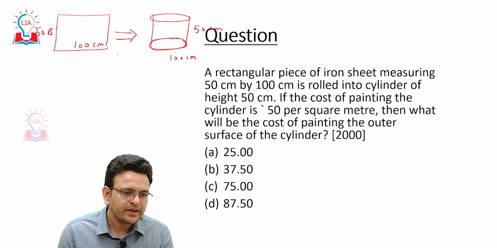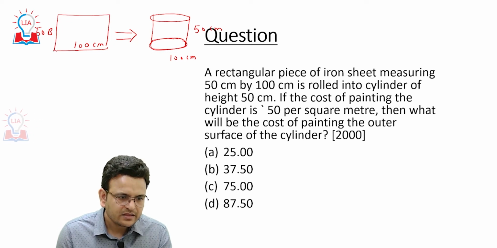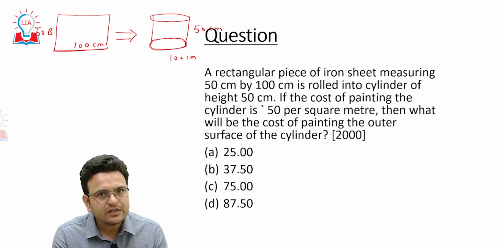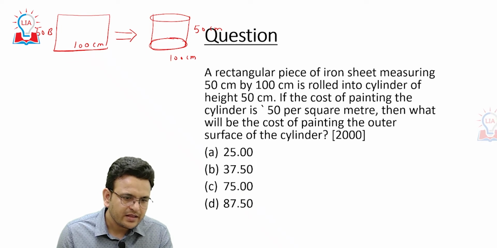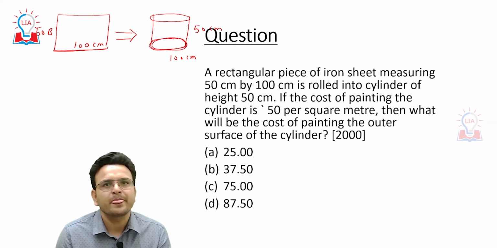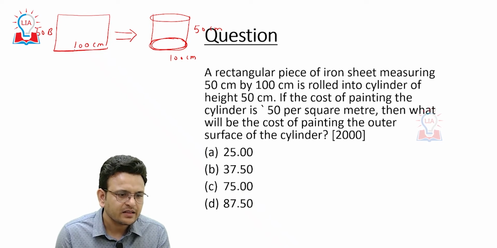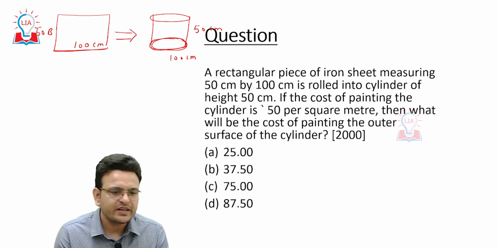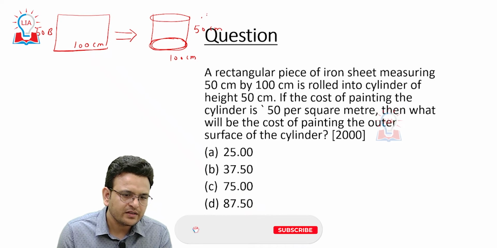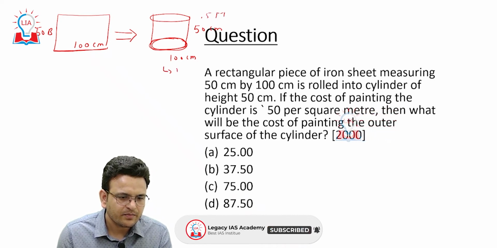Why this circumference? Because the length of the rectangular sheet becomes the base of the cylinder, and the base of the cylinder is a circle. The circumference of this circle is nothing but the length of the rectangle. We can say that height is 0.5 meter and length is 1 meter.